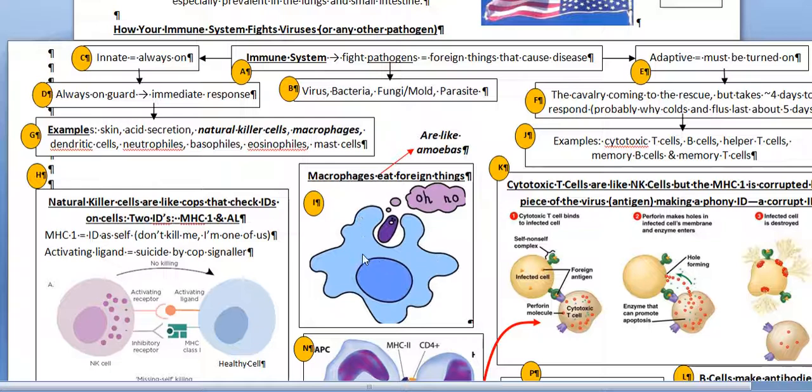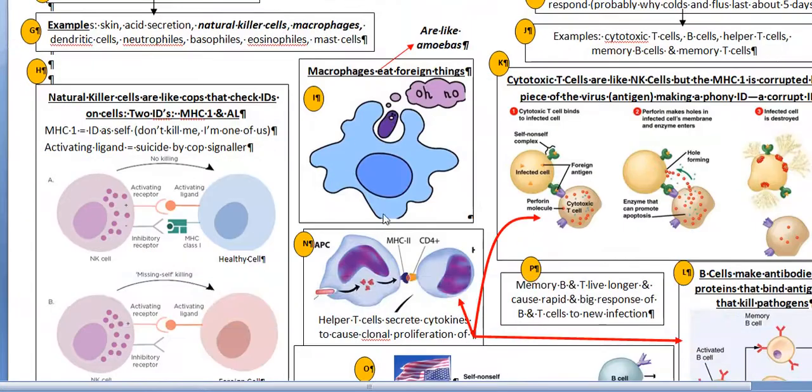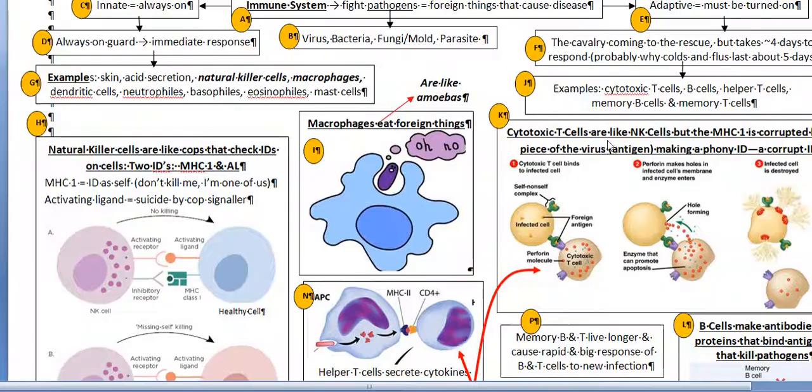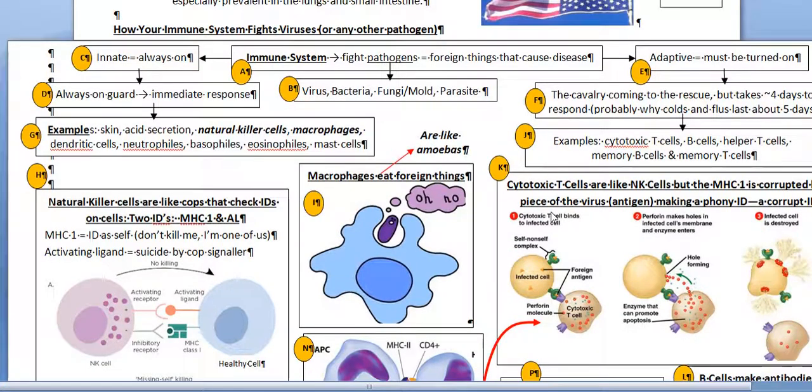They can change shape, squirm around, and eat things. Like this looks like a paramecium. It engulfs it. That's called phagocytosis, and it eats it, digests it, and so kills it. So that's what macrophages do. But they do more than that. We'll talk about how they relate to the adaptive system in a second here.